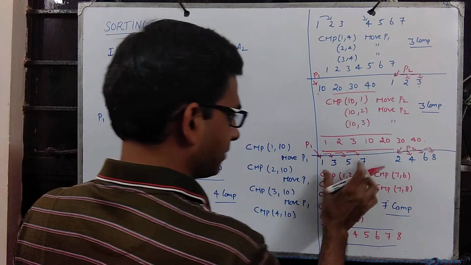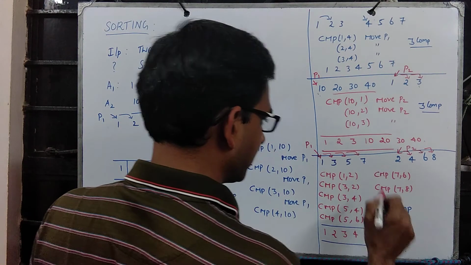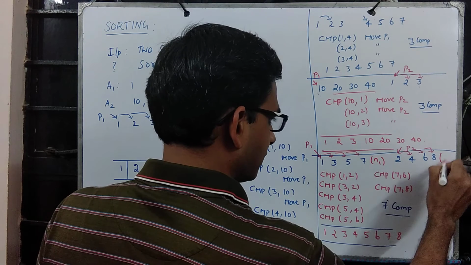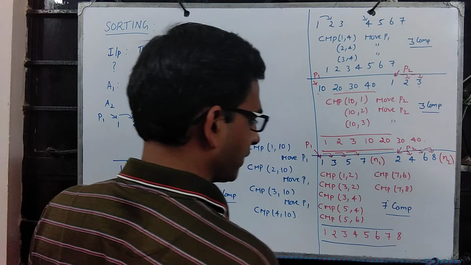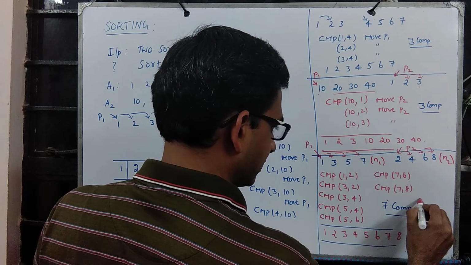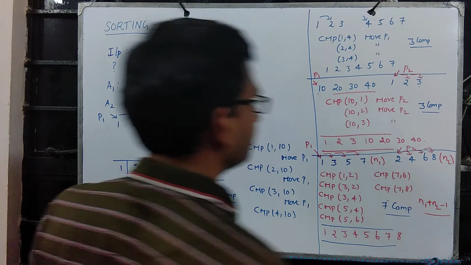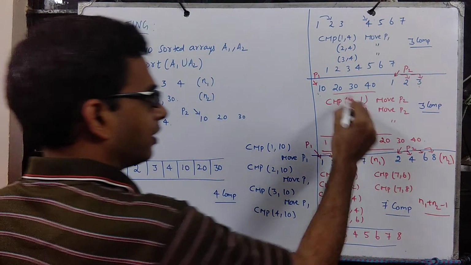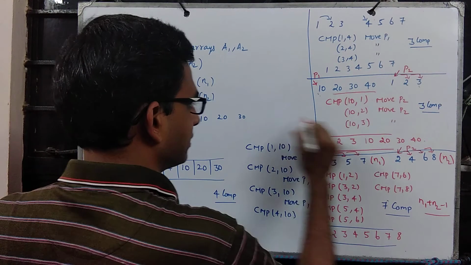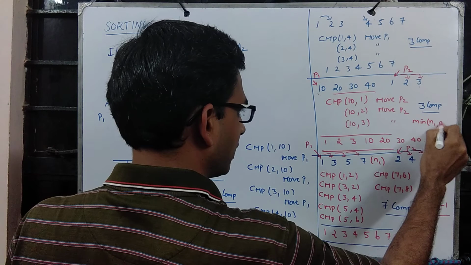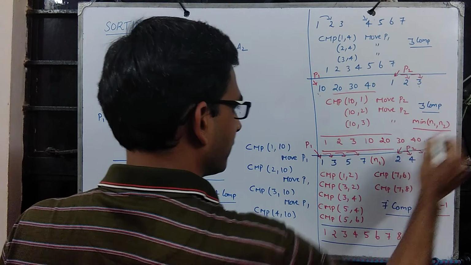Interestingly, you can observe this can be generalized. If this one is N1, this one is N2, so maximum number of comparisons is N1 plus N2 minus 1. Minimum number of comparisons is precisely min of N1 comma N2.